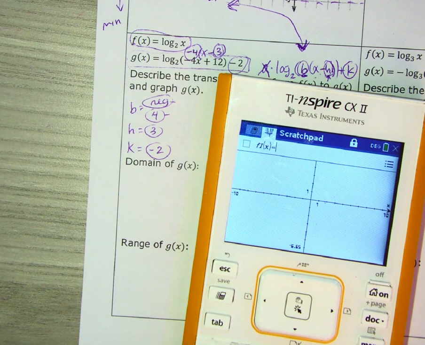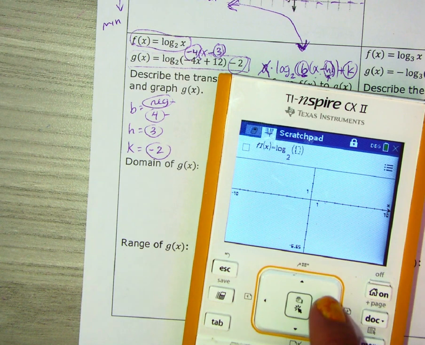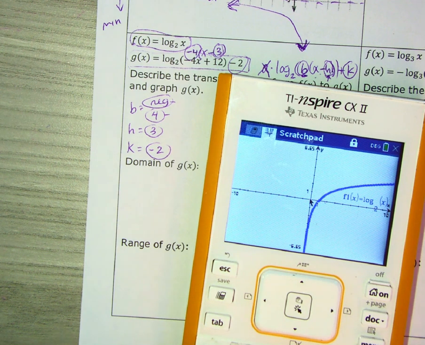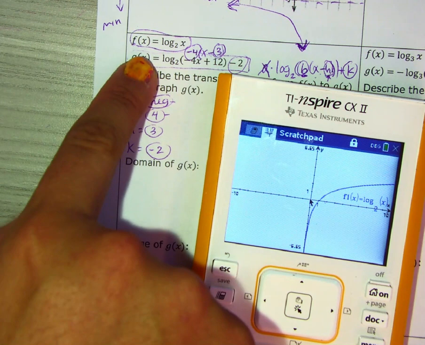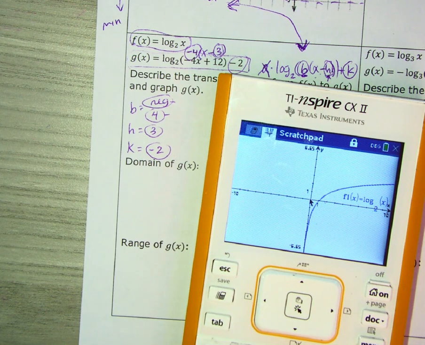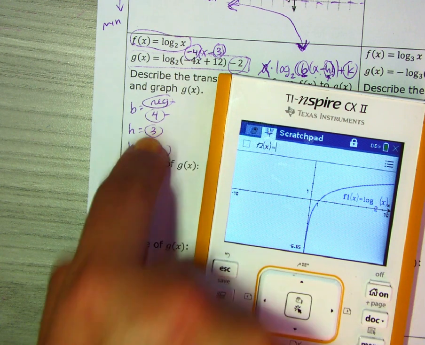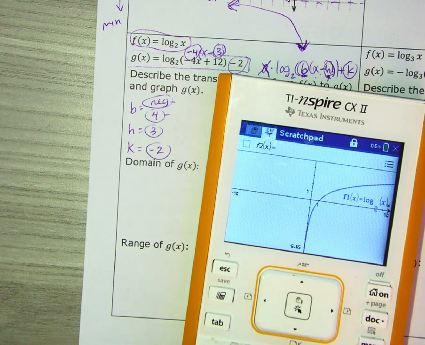All right, so we're gonna write log base 2 of x. So that's your parent function according to this. That's the one you start with. And then the new one, we're gonna play with it to see what all these things do. So we're gonna retype the original one, so log of base 2 with the x in there.